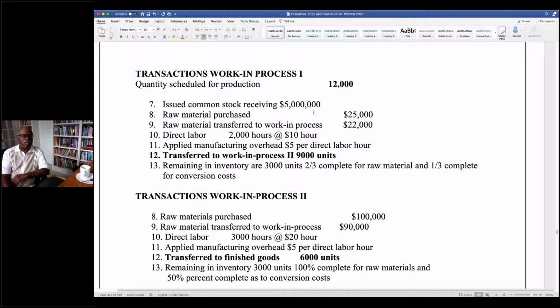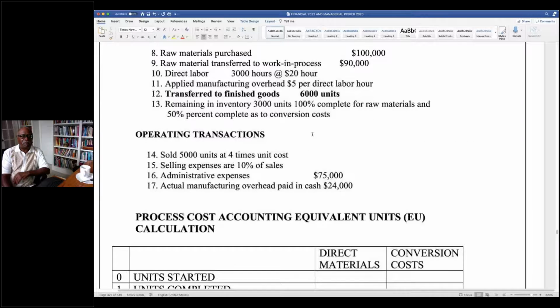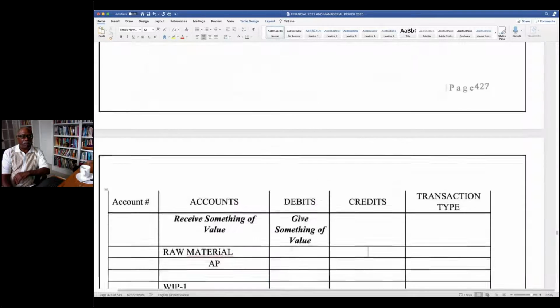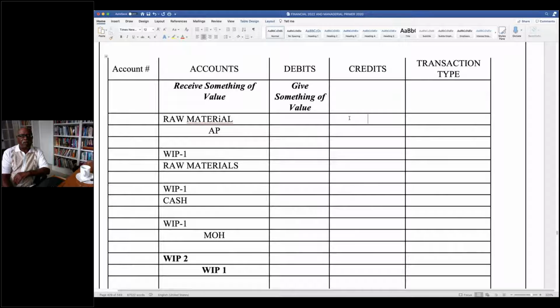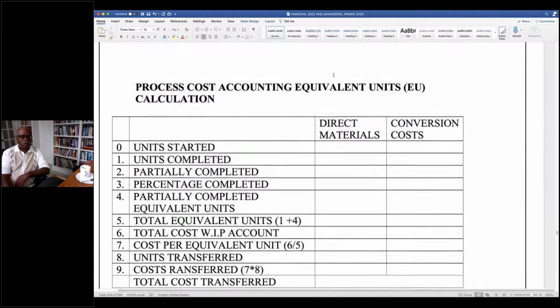I'm good on the work in process too. I'm sorry, I bought 25,000. And so I'm going to debit raw material, and credit accounts payable 25,000. That's our first transaction.